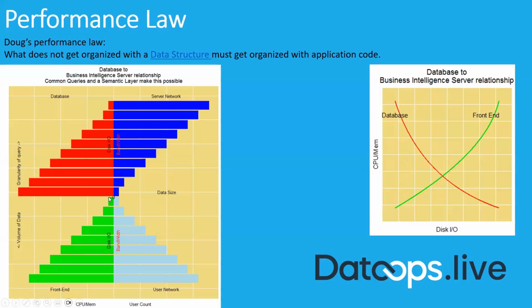The front end volume of data that it has to work with changes. So depending on how you do your query, there's a relationship between the granularity of the query and the data that has to be processed by the front end. The more you can improve the data structures associated with queries to make the application work better, again, the better you're going to be. And there is an inverse relationship.